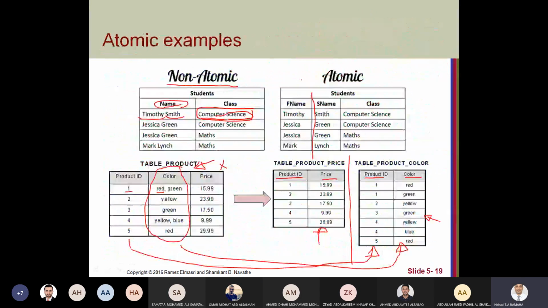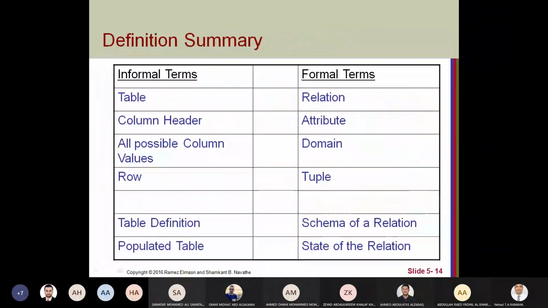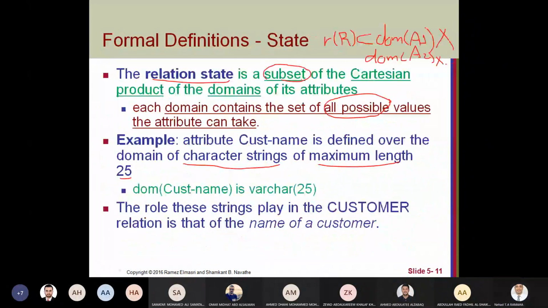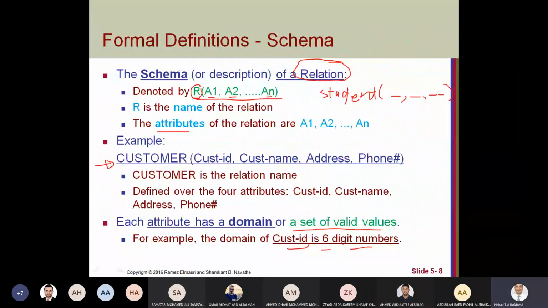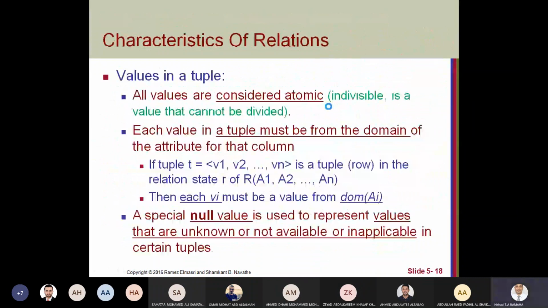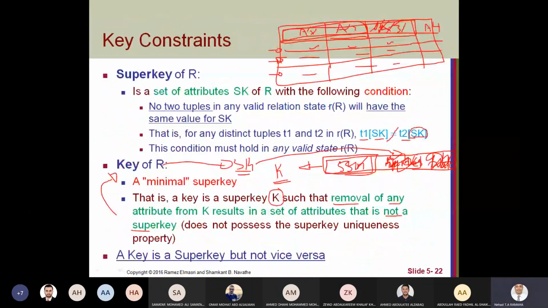Before that, we named it relation schema, because schema comes two times. This one, relation schema, we define like this. Then relational database schema is a set of relation schemas.